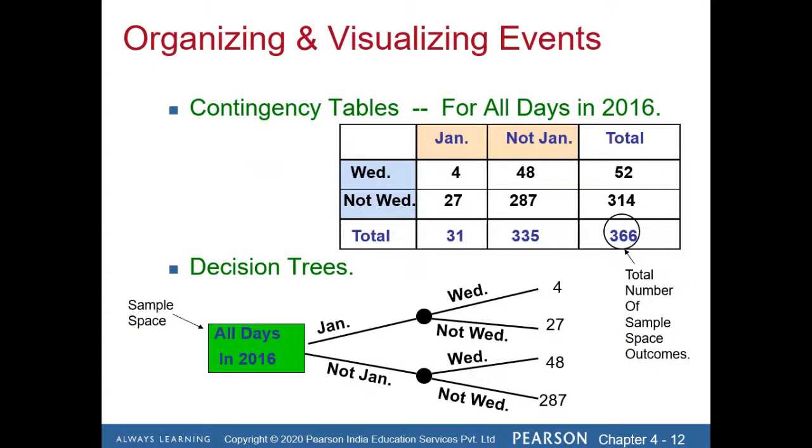You have the contingency table. If you have 2 columns of data, you have to tabulate with the help of a contingency table. You have already learned this in session 1. And in this, if I ask you the probability of getting January and Wednesday, it is 4 and the total is 365, so you can get the probability of January, and I have told you that you can use the contingency table, 4 by 365, like that you can calculate.